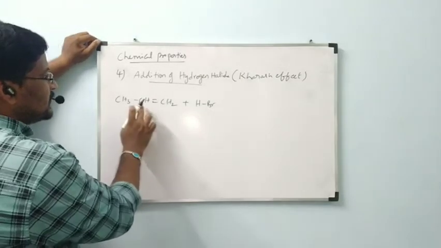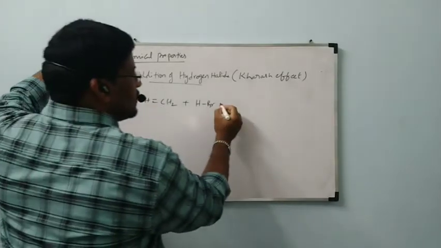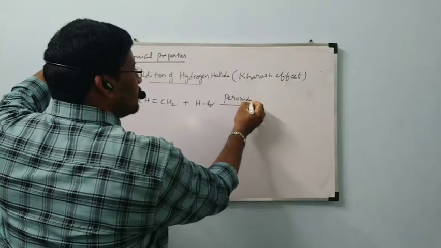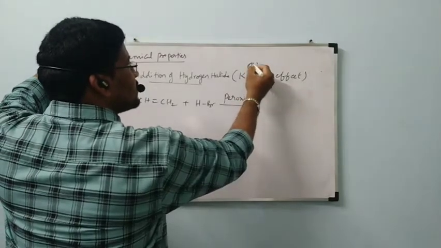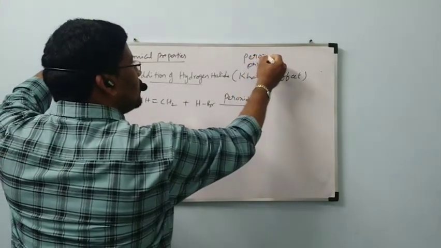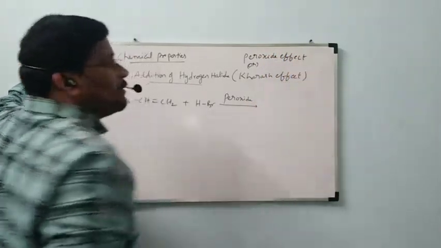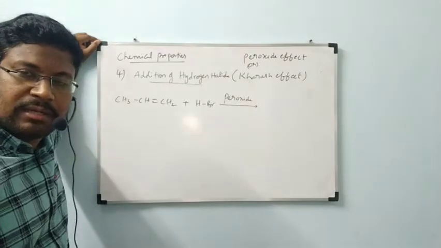CH3CH=CH2 reacts with HBr in the presence of peroxide. That's why this is also called the peroxide effect. Without peroxide, that is the previous effect.